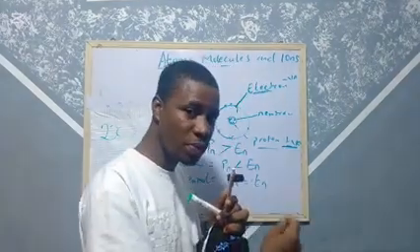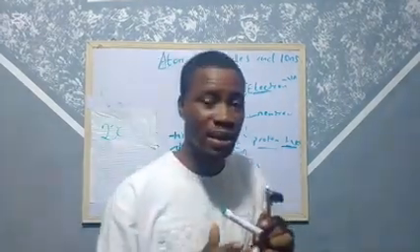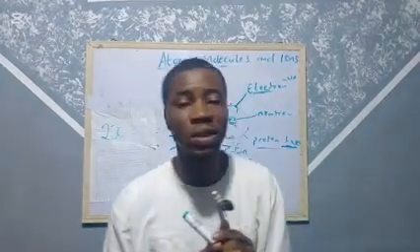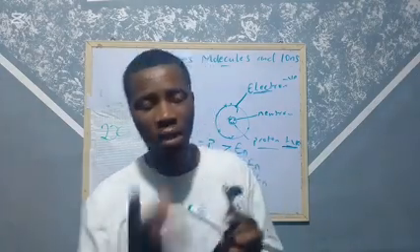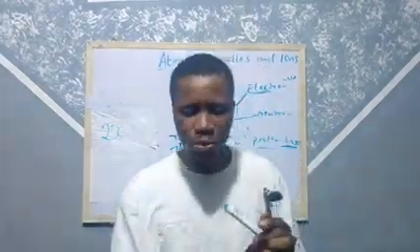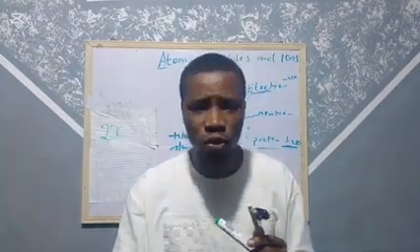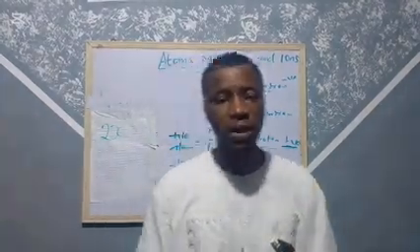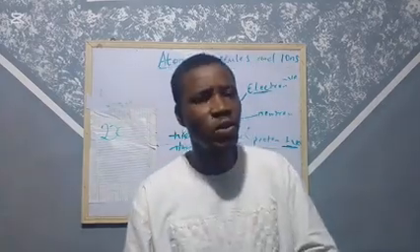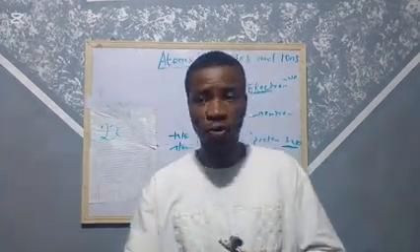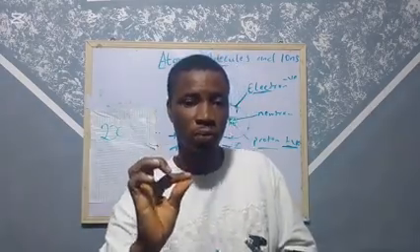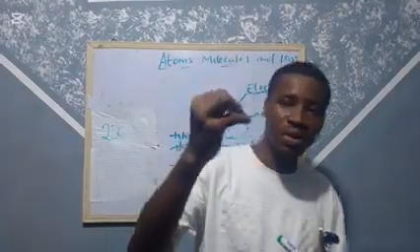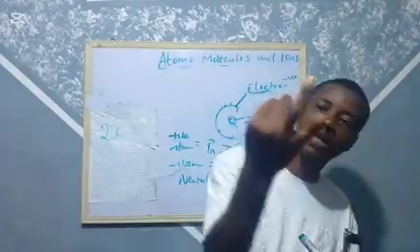Remember, I said before that if you have a neutral atom, it means the number of protons is equal to the number of electrons. So for a neutral atom, atomic number is the same as proton number, is the same as electron number. If I ask you the atomic number of oxygen, what number does oxygen fall on in the first 20 elements? He has light brain but cannot offer.